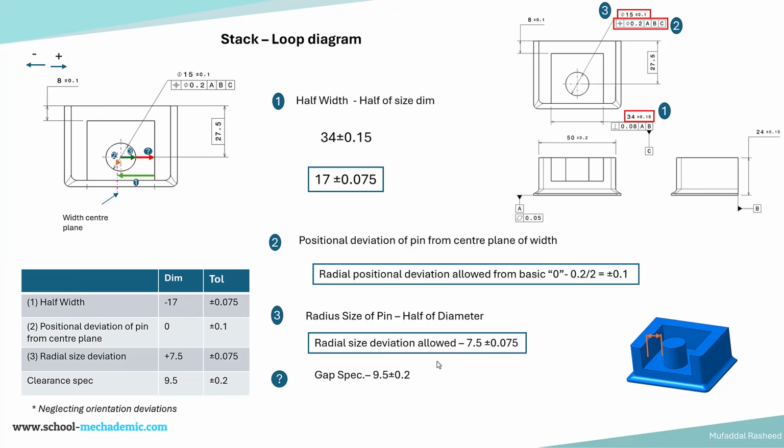So from that we can calculate the maximum width and the minimum width. So 9.5 plus 0.2 is the maximum width. Worst case gap is highest worst case gap is 9.7 and lowest worst case gap is 9.3.